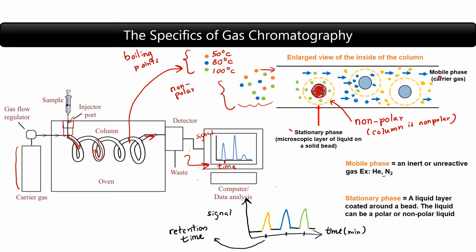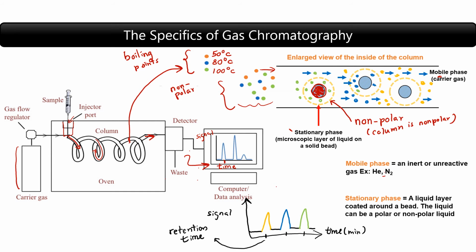How long they got slowed down, or how much they were retained inside the column based on the time they came up. So the green molecule was slowed down or held back or retarded the most, so it will have a higher retention time, and the orange molecule that exits first will have a lower retention time.